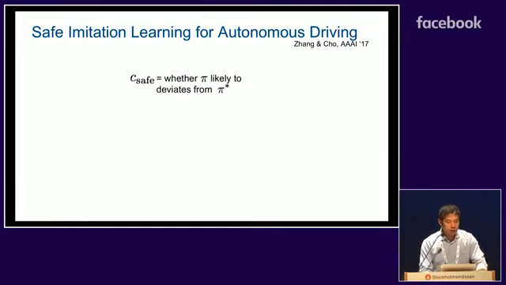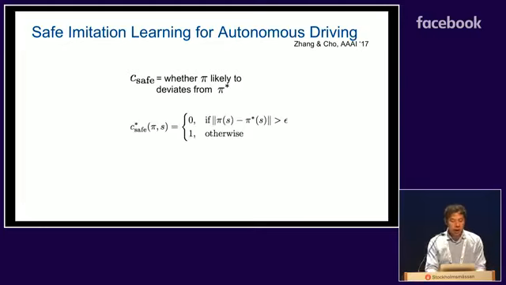So the idea to fix this is to train a separate classifier, c safe, which outputs at each frame how likely the current policy is going to deviate from the expert by some threshold amount epsilon. And c safe is trained by collecting samples from c safe star, which simply indicates whether the current policy pi and pi star would differ by epsilon, which we can do during training.